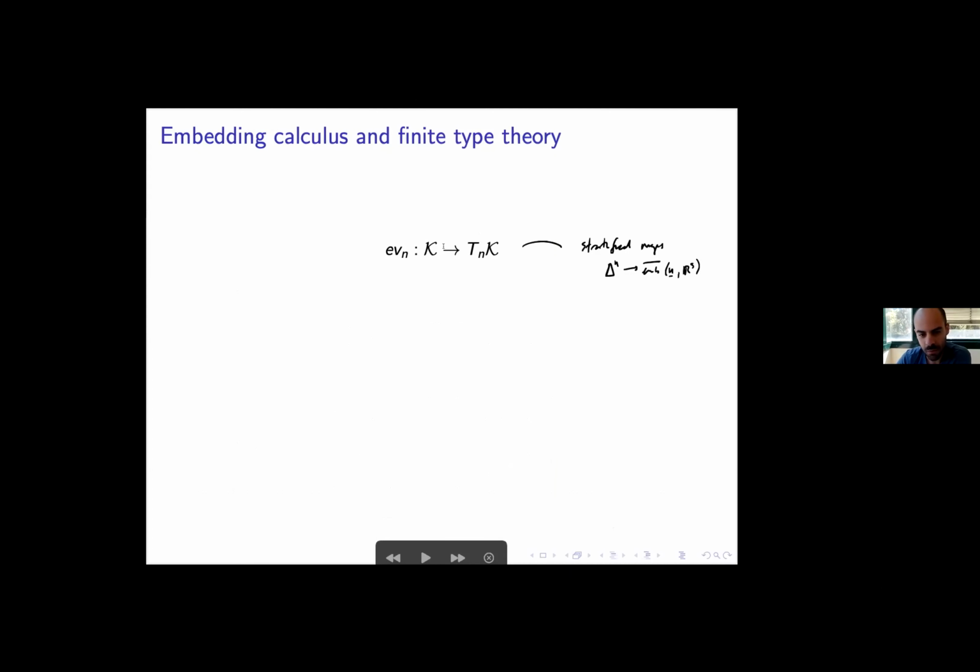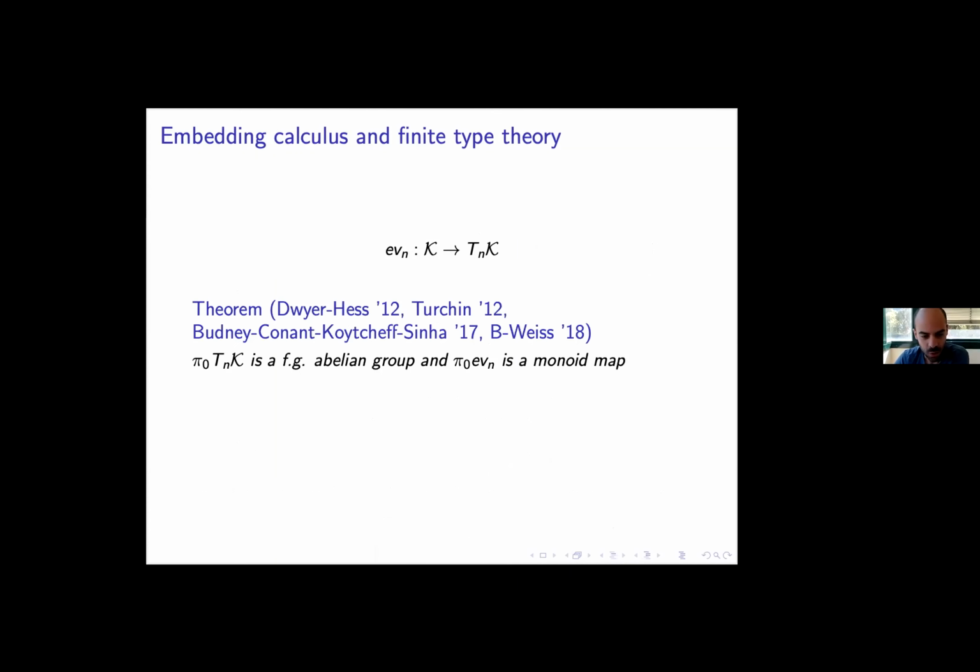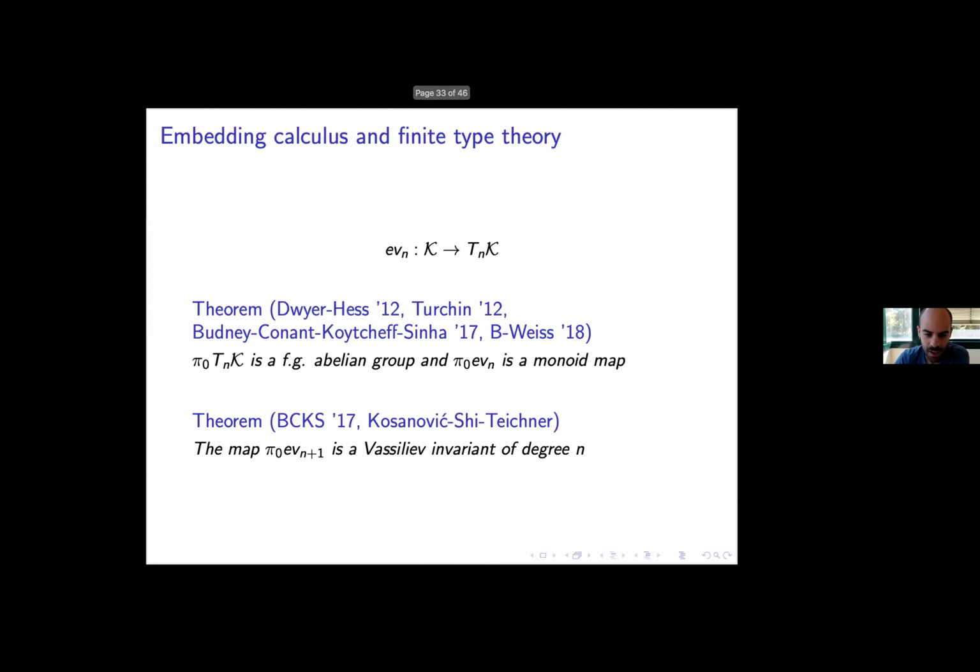Okay, so this is the map from the knot space into the space of stratified maps, these evaluation maps. So we know that the target, when you look at the components, is a finitely generated abelian group. And we know that this map respects the concatenation, so it's a monoid map. More recently, it was shown that it is a degree n invariant.